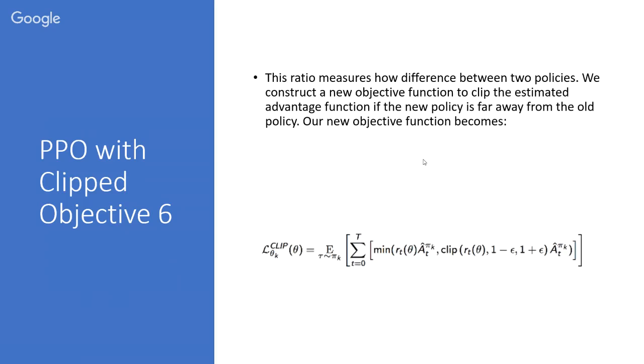We construct a new objective function to clip the estimated advantage function if the new policy is far away from the old policy. Our new objective function becomes the following. I'll let you have some time to read through that.